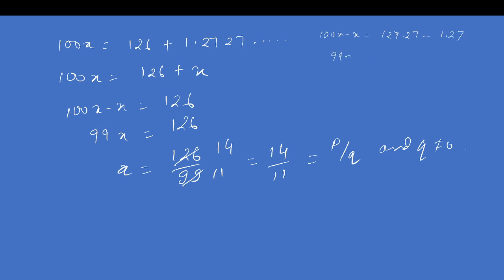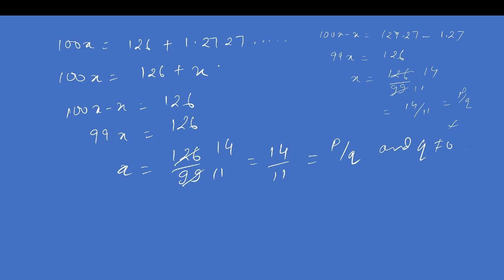So 99x is equal to 126, x is equal to 126 by 99. Dividing by 9, we get 14 by 11, which is equal to p by q, and q is not equal to 0.